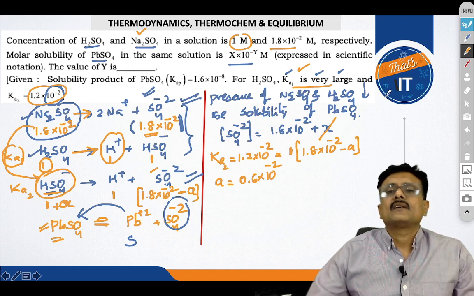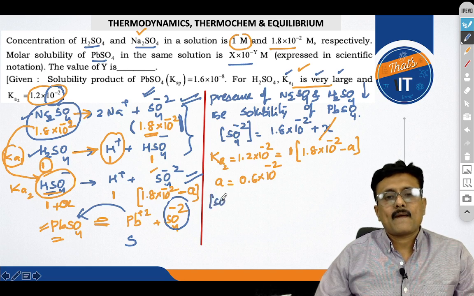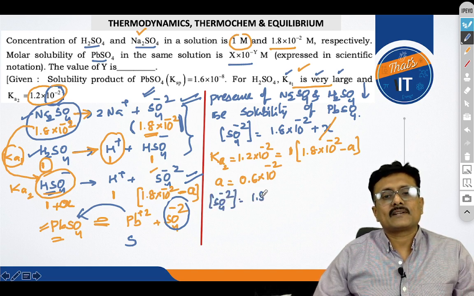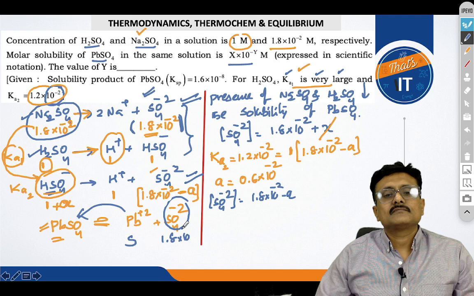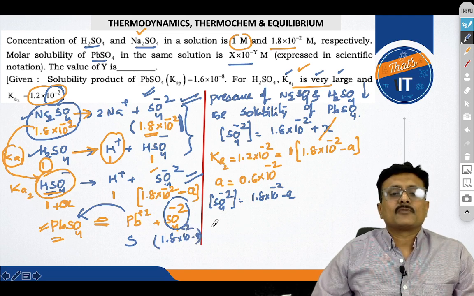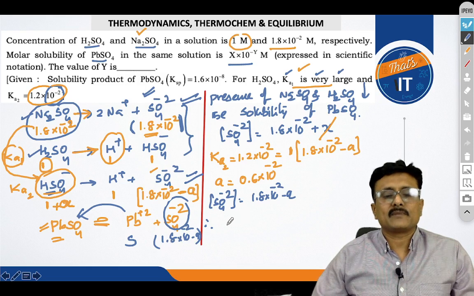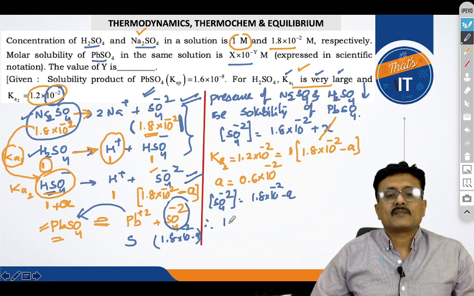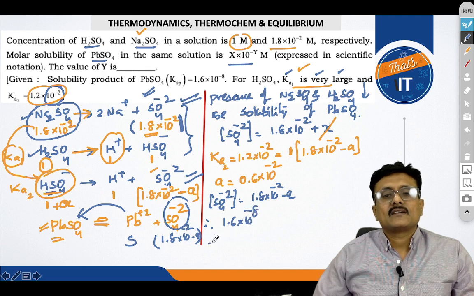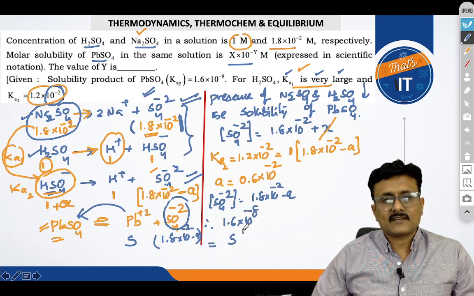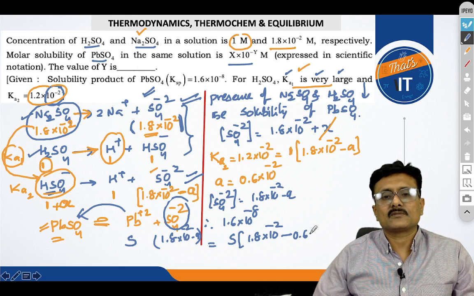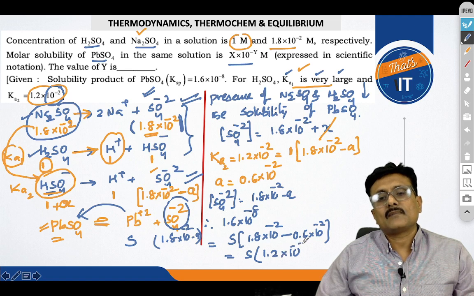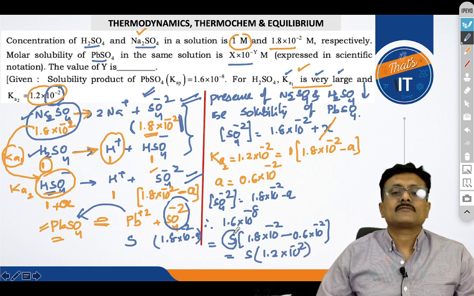Alright, so the concentration of sulfate ion we got is 1.8 into 10 power minus 2 minus A. Therefore, as you all know, the Ksp of PbSO4 is given as 1.6 into 10 power minus 8, equal to the concentration of Pb2+, that is S, into 1.8 into 10 power minus 2 minus A, that is 0.6 into 10 power minus 2, that is 1.2 into 10 power minus 2. So you have to get the value of S from this expression.